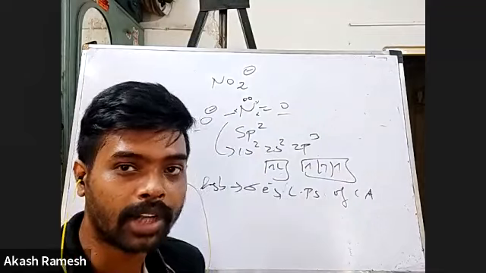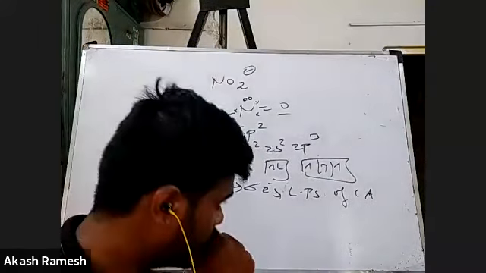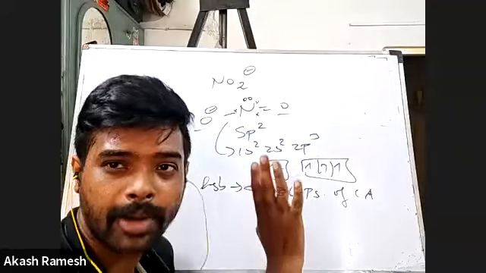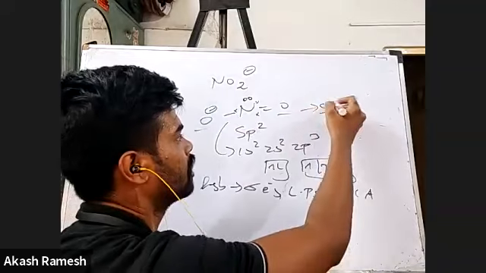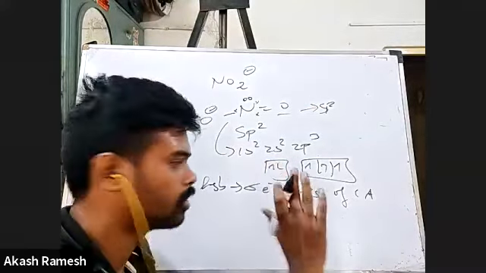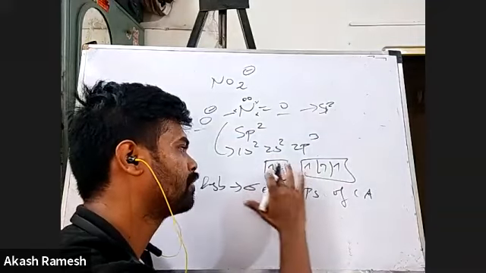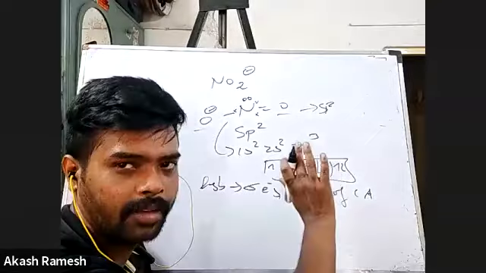Now this is made sure. What is the hybridization here? Hybridization is sp2, isn't it? So I'll try to make sp2. If at all you want, you can shift the electron to the last orbital. We'll see how it is going.